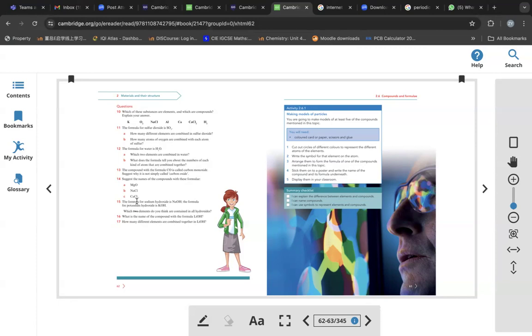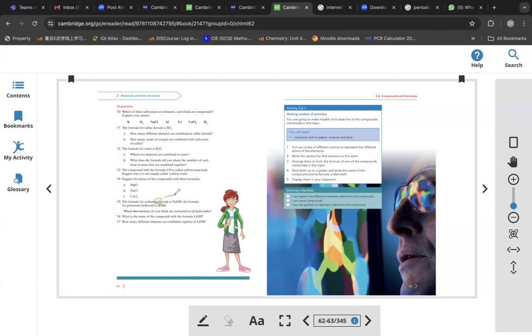So the formula for sodium hydroxide is NaOH, and for potassium hydroxide is KOH. So which two elements do you think are contained in all hydroxides? Okay, this one, it was K. Hmm. So here, hydroxide, can you see?